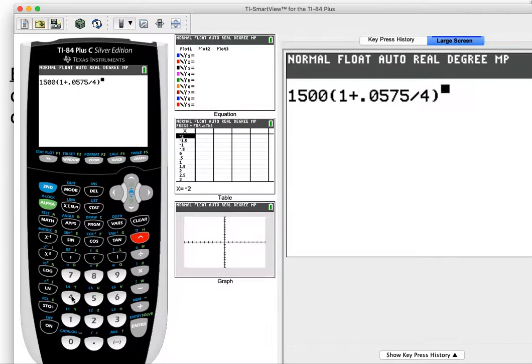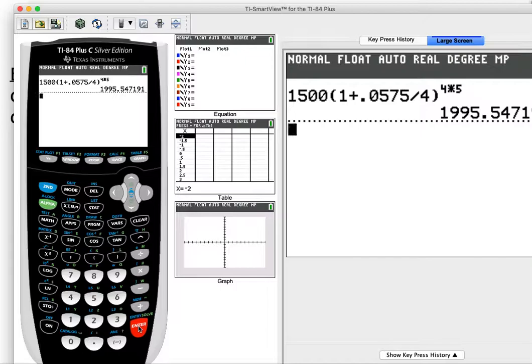Sometimes if you hit the caret key, it won't superscript it like mine. You might have to put this all inside of parentheses. I'm just going to go ahead and put down 4 times 5, or you could just say 20. If you're not getting that value in there, you might want to change that 4 times 5 to 20.